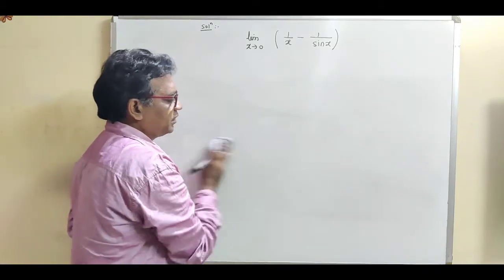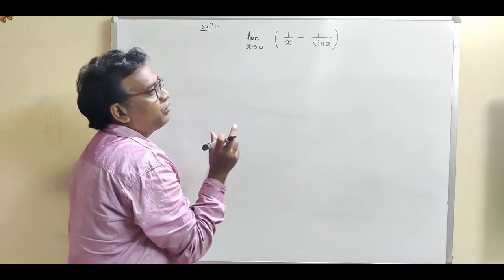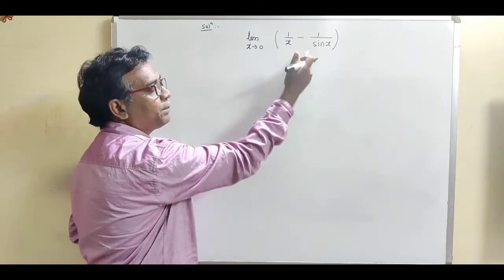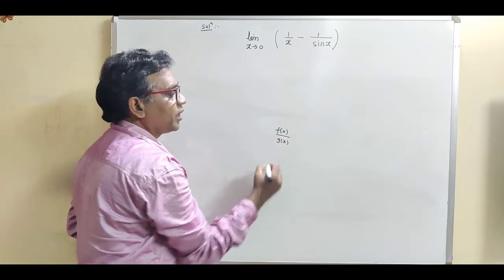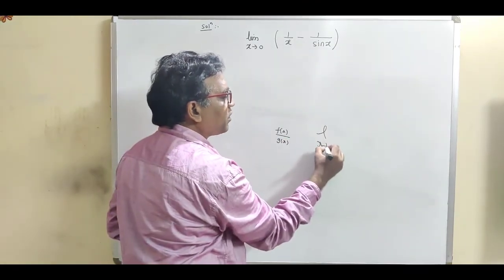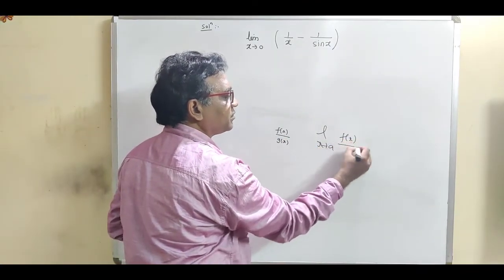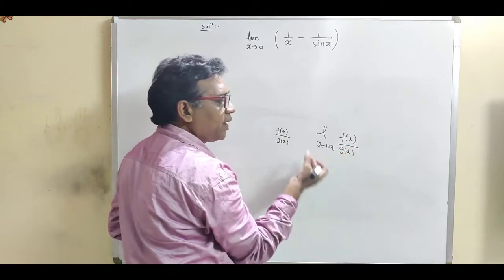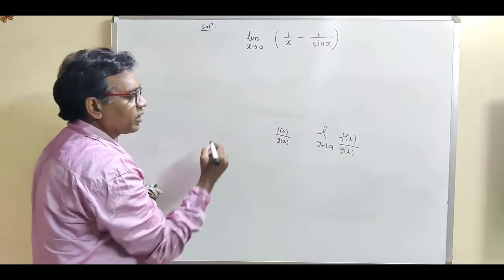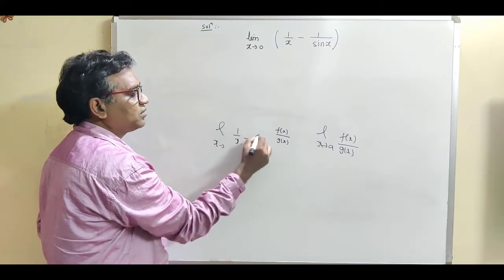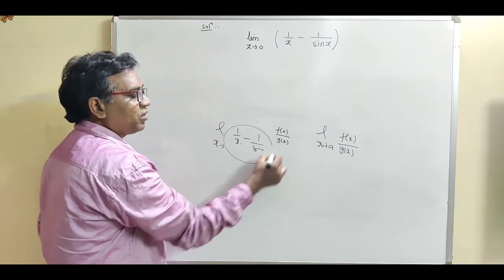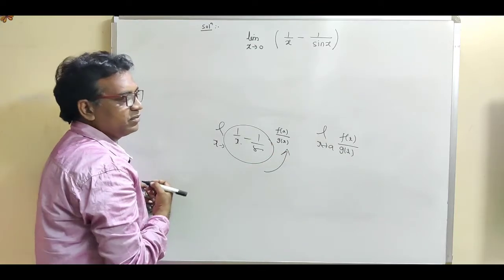So see what is the method. Anyhow, we have to convert this subtraction into division. This is the technique. If the limit form directly contains division, then we can directly apply the L'Hopital rule. If the limit form contains subtraction, we have to convert this form into division.